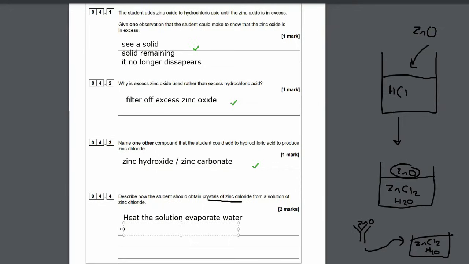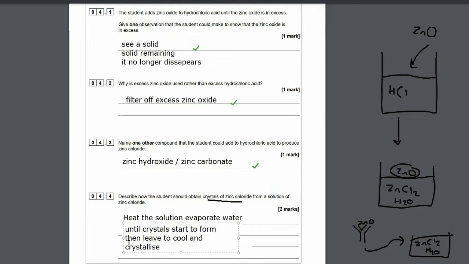You want to gently heat the water, evaporate some until crystals start to form. We used to encourage this with a glass rod, but you don't have to say that anymore. So until crystals start to form, then leave to cool and crystallize. Now, this question doesn't say, how would I make sure it's pure and dry?